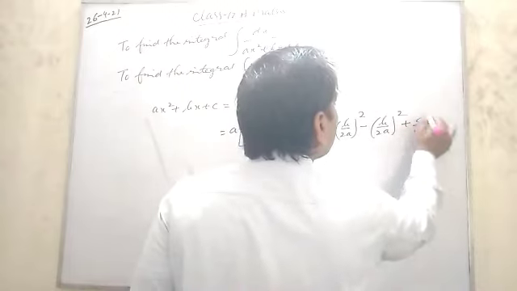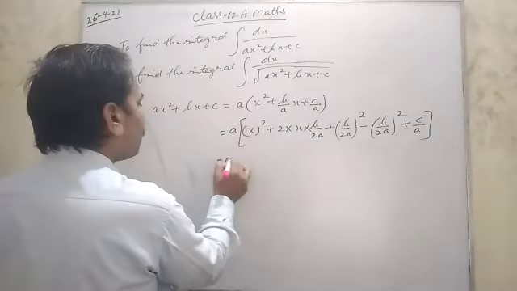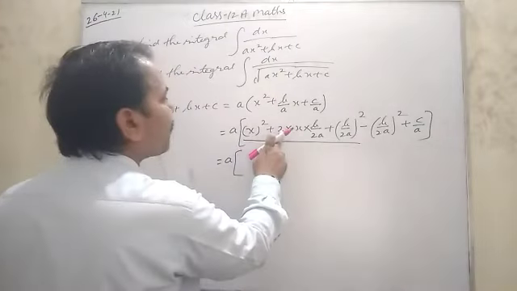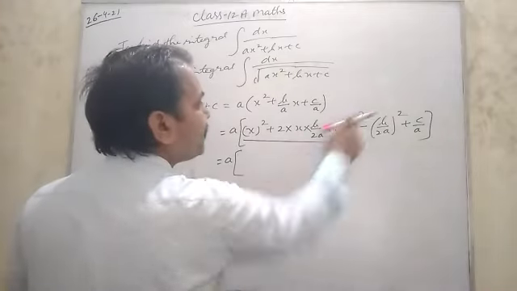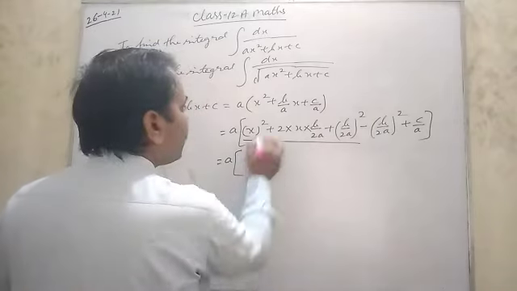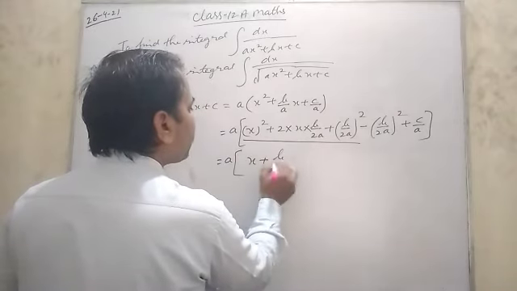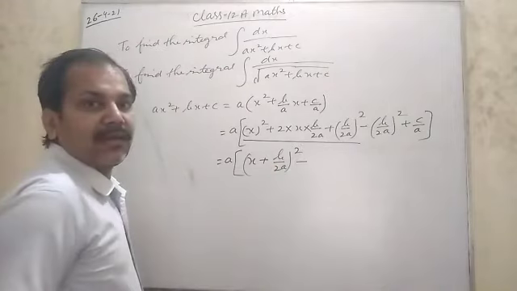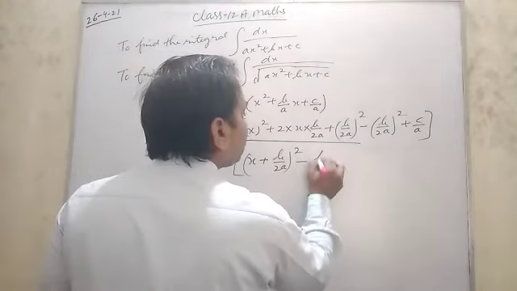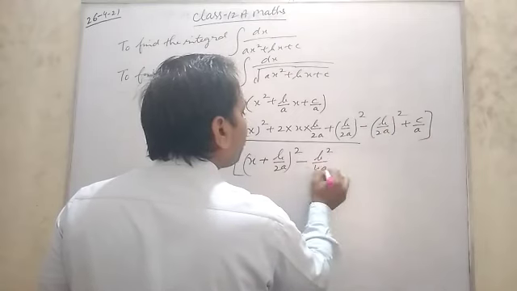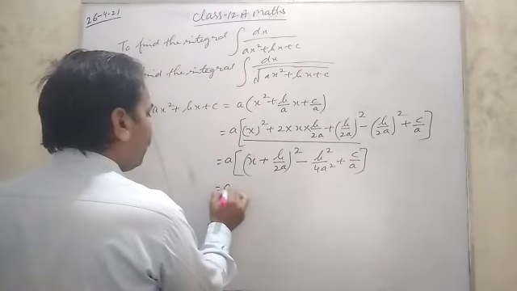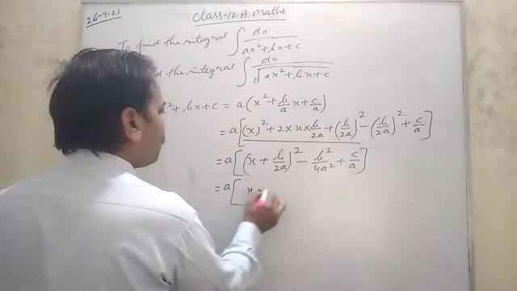So write a, and in place of this, a square plus 2ab plus b square. So in place of this we can write a plus b whole square. Then simplify this. So b square upon 4a square plus c upon a.